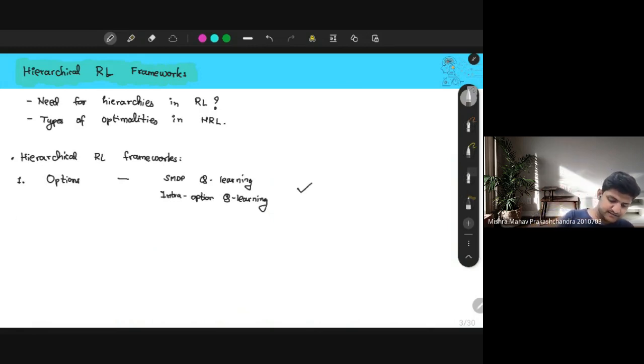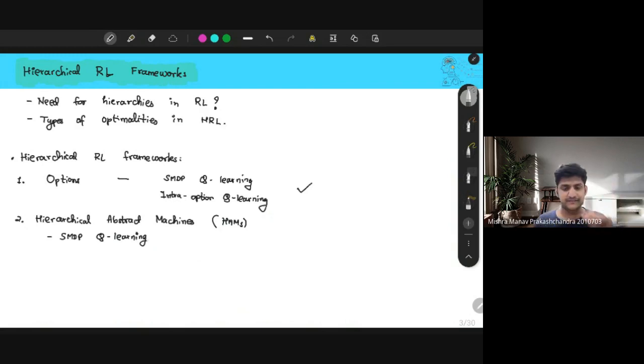Secondly, we looked at the hierarchical abstract machines, or HAMs for short. In HAMs, we looked at how we can implement SMDP Q learning for HAMs, right? We didn't really focus on the learning part as such for HAMs, but just a general idea of what this is all about. And this was also covered last week.